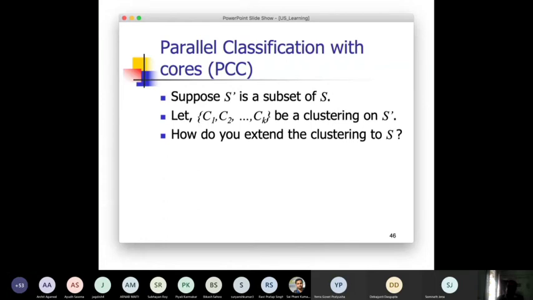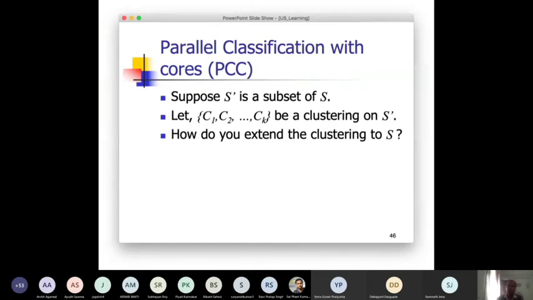Now, instead of performing clustering at a go for the whole data set, here the approach is that you take a sample of it and do clustering there, and then you extend that clustering to the whole data set. That means you are trying to get a representation of those clusters.